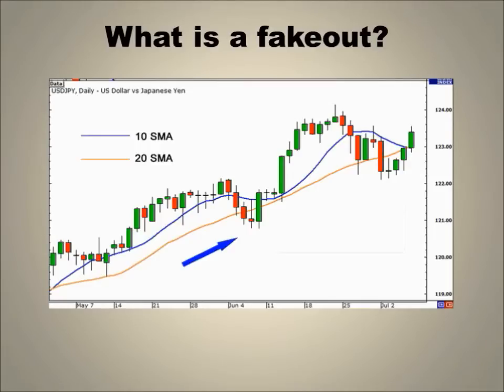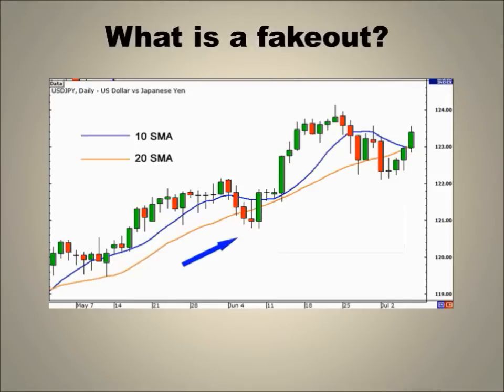So, I indicated here that it is very important to note that in an uptrend, the faster SMA will be above the slower SMA. Now, the smaller period is faster than the larger period. So when I say small SMA, or when I say fast SMA, it means the number is small.